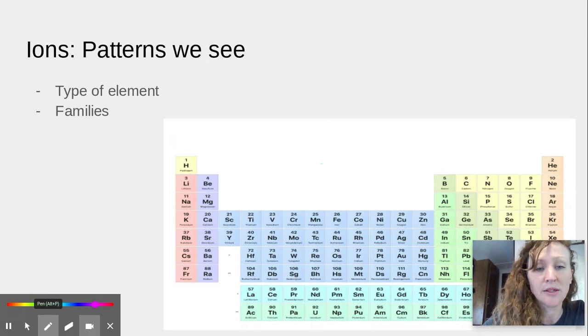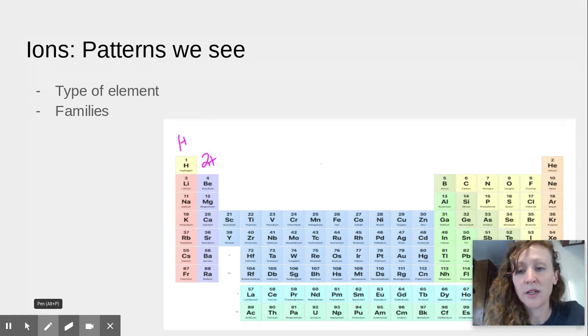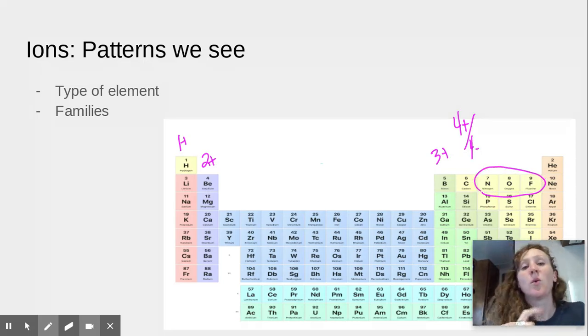Like the alkali metals are going to form a 1+. Alkaline earth will be a 2+. The boron family will all form 3+. The carbons, we talked about how they can go either way. How about nitrogen, oxygen, and fluorine? Take a minute and tell me what ion charges these families are going to form.